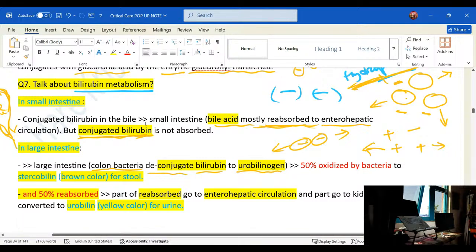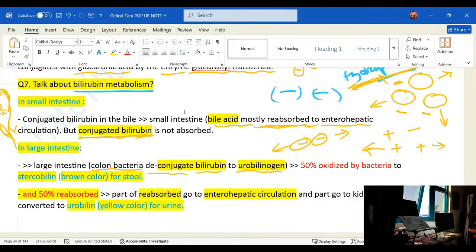So, talk about bilirubin metabolism. I will start a little earlier. In the liver, bilirubin is conjugated, then secreted through the bile into the small intestine. In the small intestine, bile salt is reabsorbed into enterohepatic circulation, but conjugated bilirubin is not absorbed.